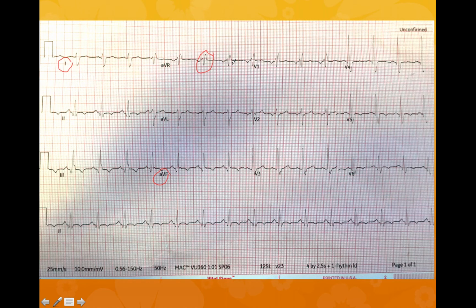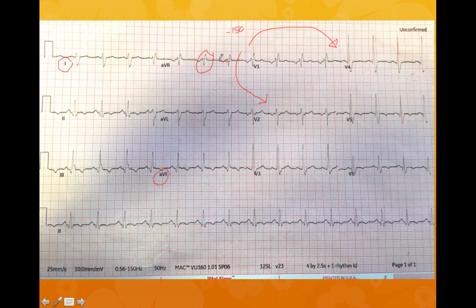However, this time, the predominantly positive leads are actually going towards AVF, 2 and 3. So instead of going clockwise from 150, we're going to go anti-clockwise. And so we're going to add on 90 going in this direction.